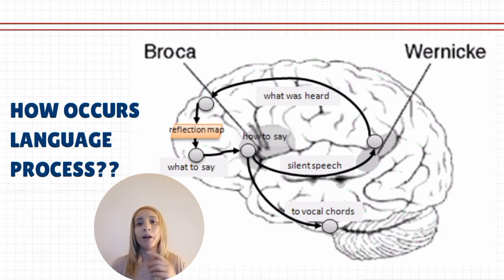So we can see in the picture, we receive the word, then how to say it, silent speech, when it was heard, then reflection on what to say, then a signal is sent to the motor cortex to physically articulate the word.